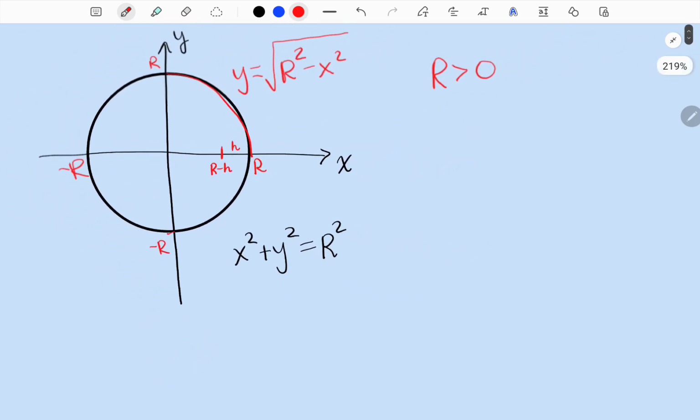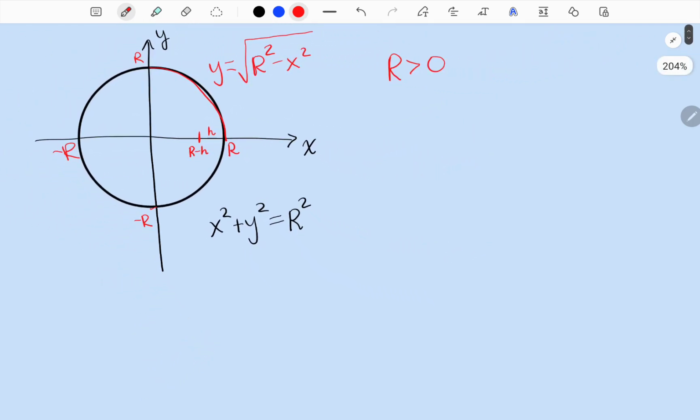Then we can take this region right over here and apply solid of revolution. I rotate that region around the x-axis, and I should get my cap, the volume like that.